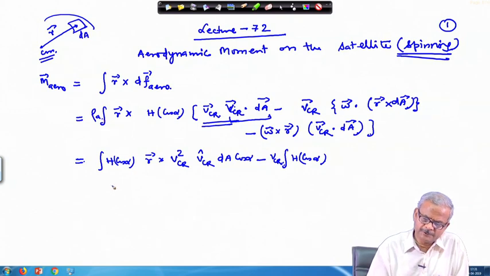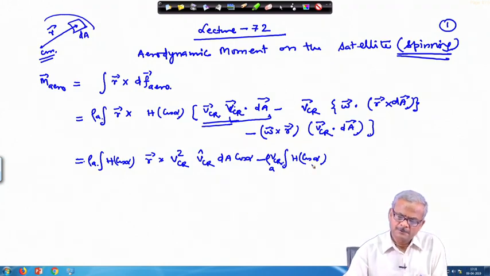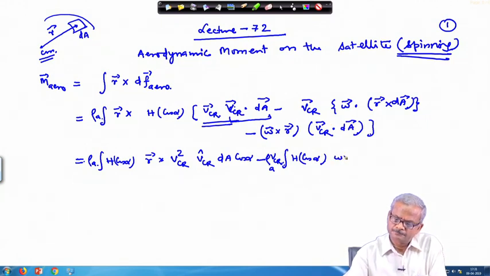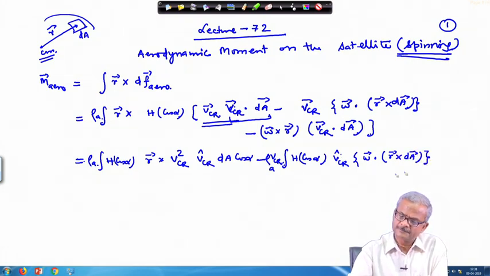So rho we will put here in this place, rho A. So h cos alpha. As I have told you, we have to be very particular about where the cross and dot products are lying, and we have to follow that sequence. Any change in that sequence will produce a wrong result.